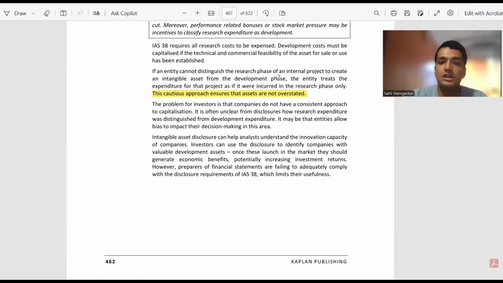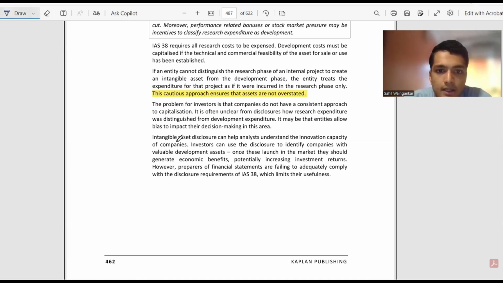Investors can use the disclosure to identify companies with valuable development assets. On their launch in the market, they should generate economic benefits, potentially increasing investment returns. However, preparers of financial statements are failing to adequately comply with the disclosure requirements of IAS 38, which limits their usefulness.